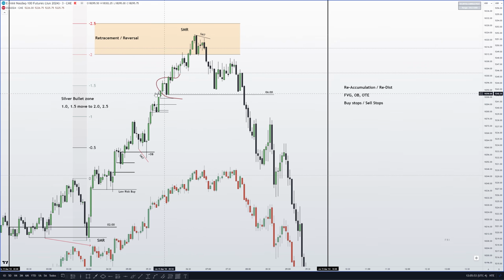So when price opens at these levels, the 1 and 1.5 deviations, you don't expect one big manipulation for this candle. No, you will expect immediate continuation to the 2 and 2.5 deviations.